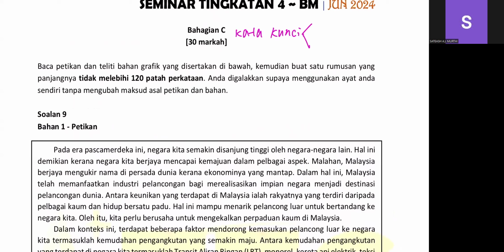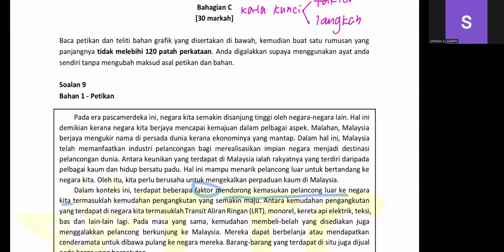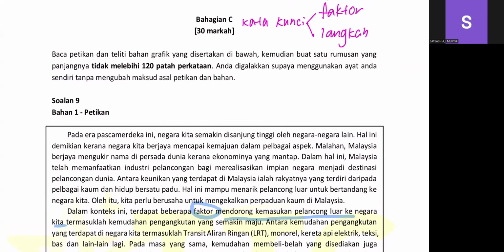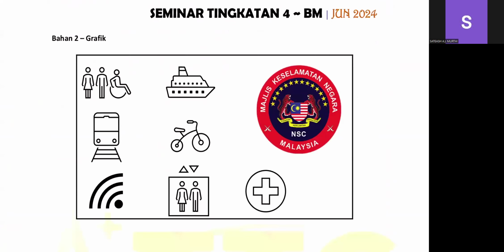It's actually faktor and langkah. For example, you will start to see the keyword here. Faktor mendorong kemasukan pelancong ke negara kita. How we encourage foreign tourists to come to visit our country. So this is a factor. Then we see here, for any graphic, they mentioned about keselamatan.